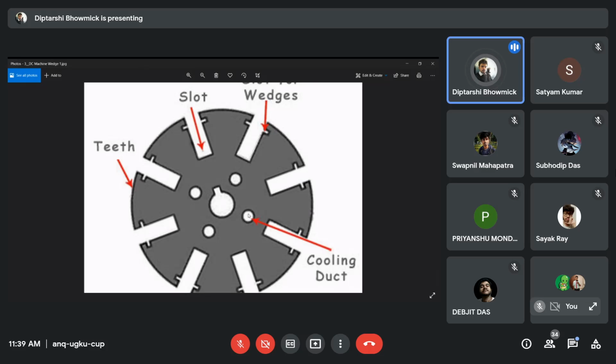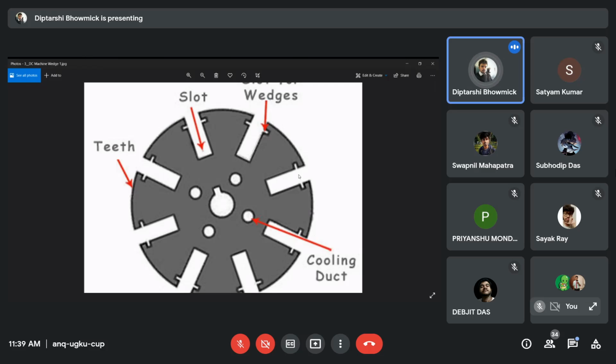In this lamination, if your machine is a bigger machine and you want to provide some ventilating ducts, you have to make that ventilating duct when you are making the laminations. Basically, we do not construct the whole core or the whole stator at a time. We actually construct the laminations, the thin metal plates, with this kind of cutting. Clear? And we produce several, maybe 100 or more than that.